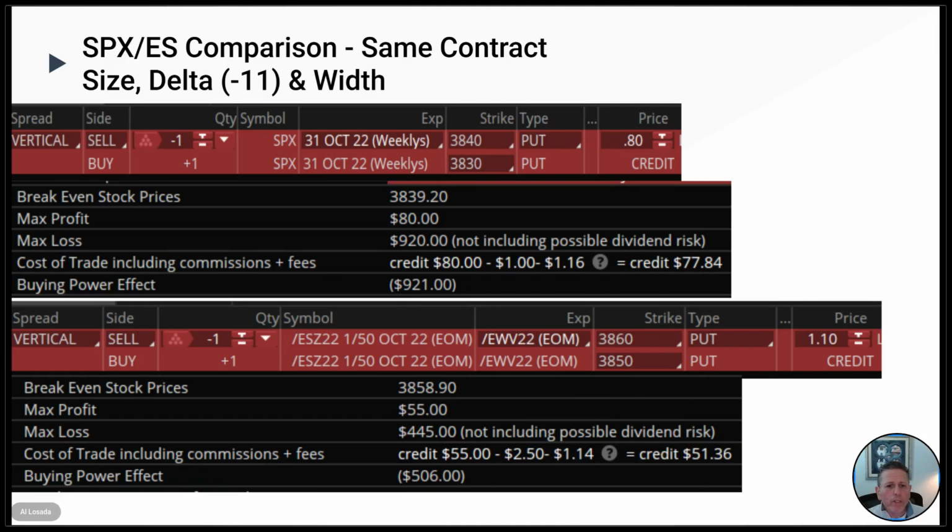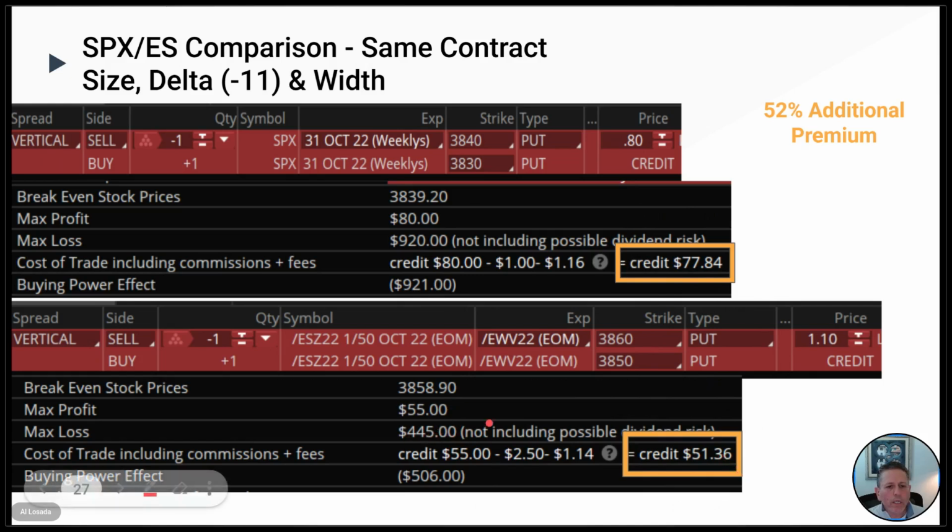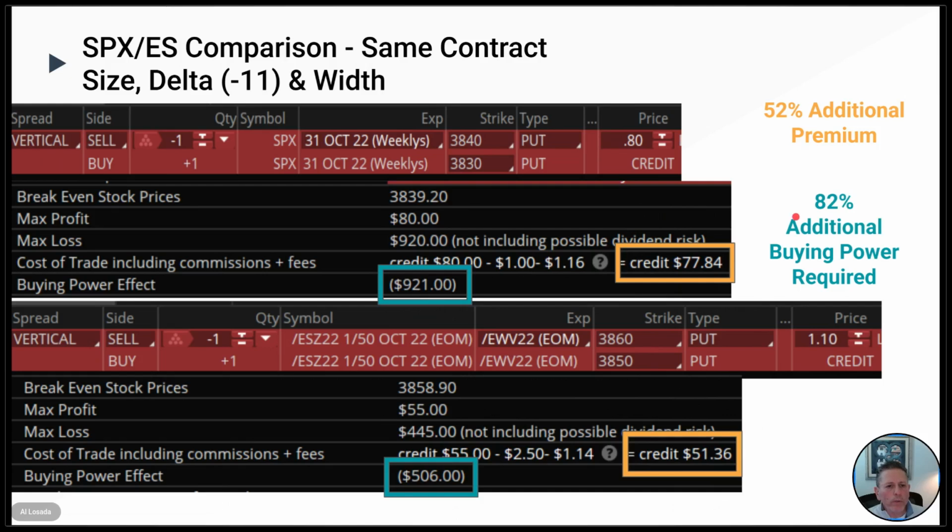You can see the credit that you received was $77.84 and $51.36, which is less, but remember, you're trading a smaller amount. Let's look at it a different way.